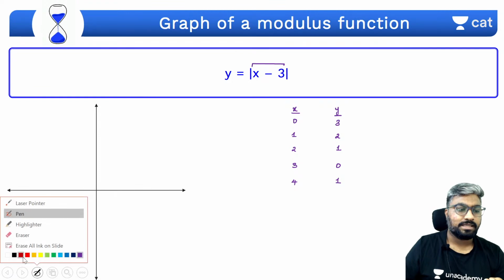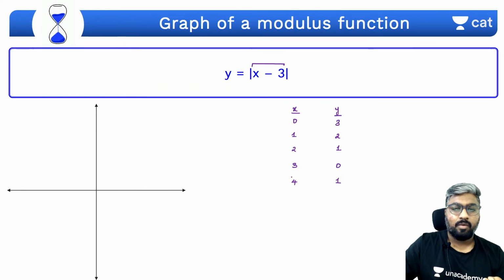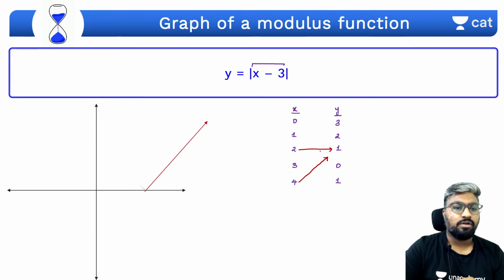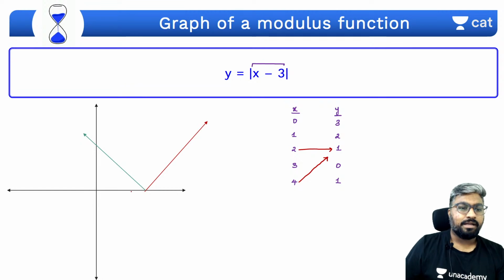So I hope you are understanding. When x is 2, y is 1. When x is 4 also, y is 1. So this is how the graph would look like for this. Understood? So when x is 0, y is 3.